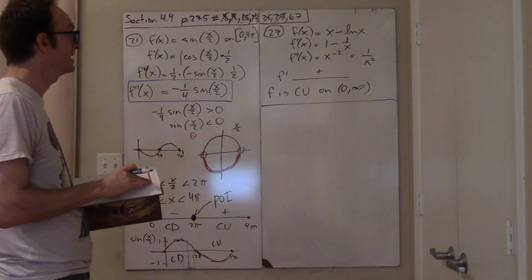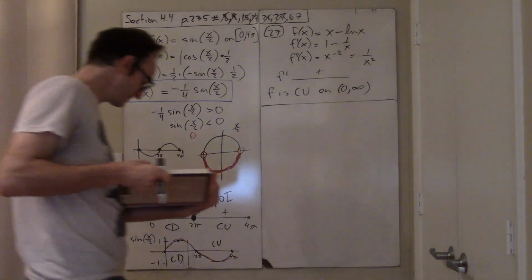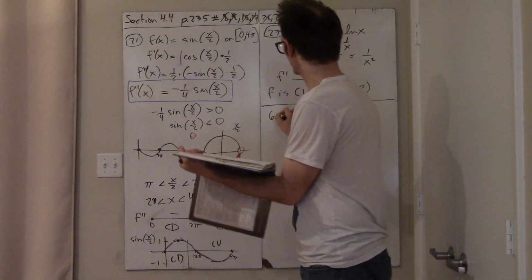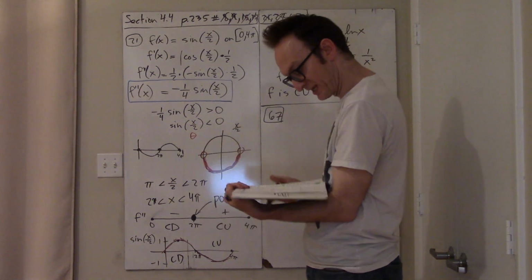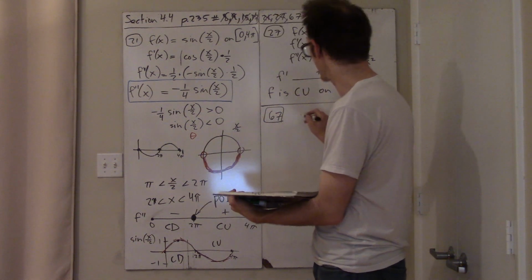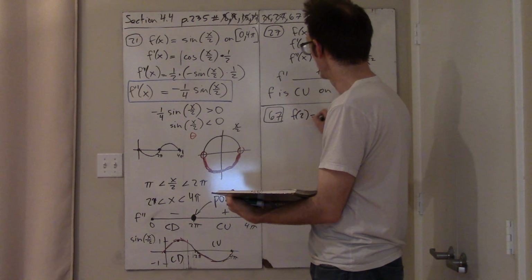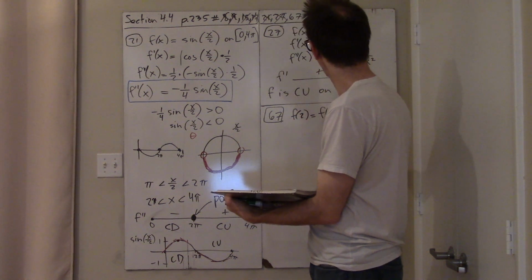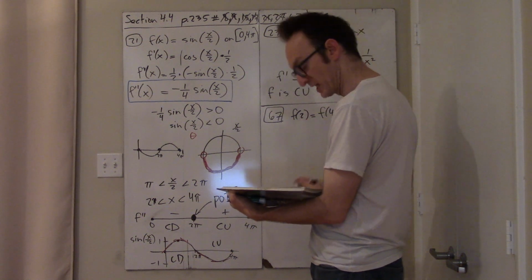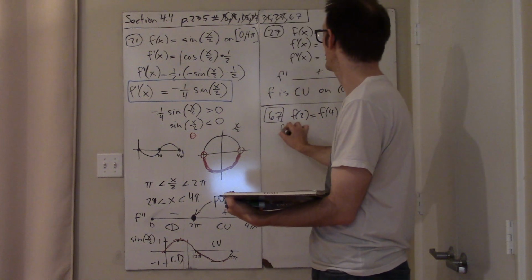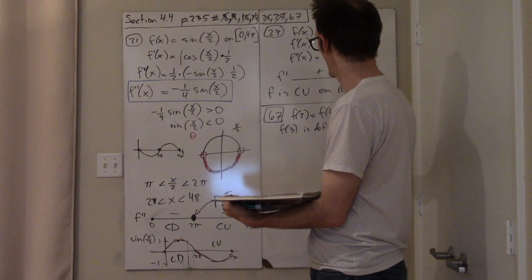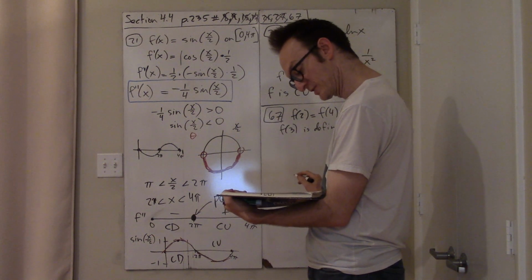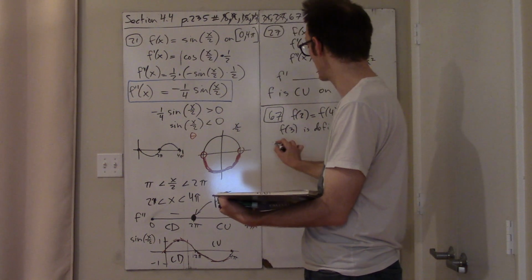Last one is a thinking problem. 67 says, sketch a graph of a function having the given characteristics. Oh boy. Okay, so f of 2 equals f of 4 equals 0, so I got some roots. F of 3 is defined. That's good to know. The derivative is negative if x is less than 3.